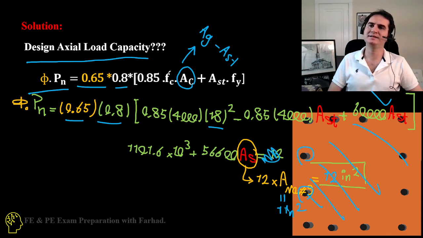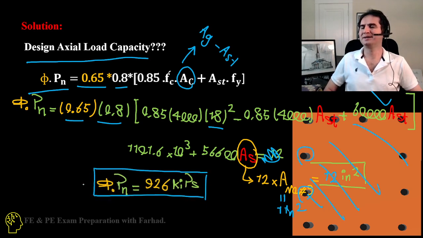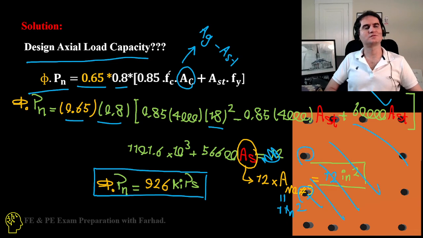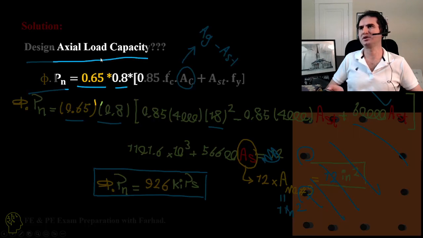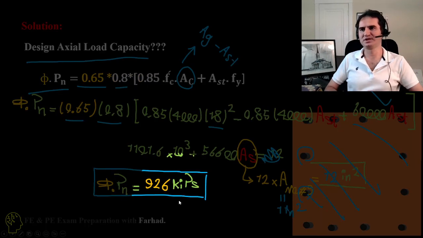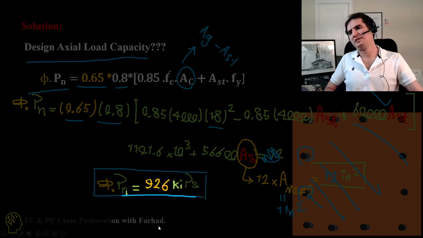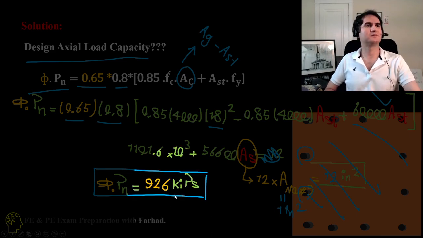So As is 12, and if you replace that and do the math, it gives you phi times Pn equal to 926 kilopounds force for the design axial capacity of the section. So that's the design capacity of the section, almost 930 kilopounds.